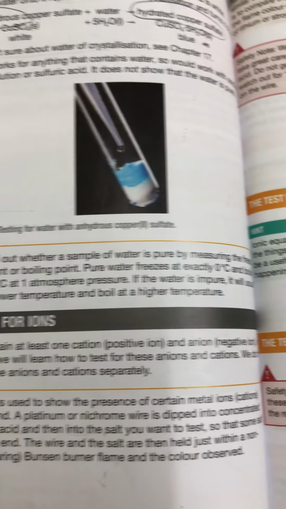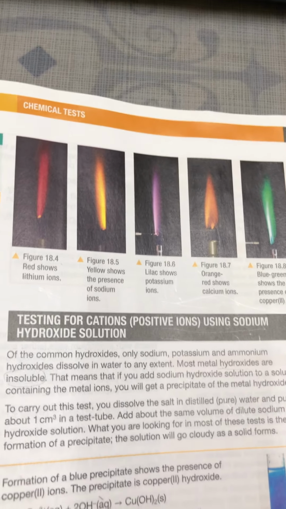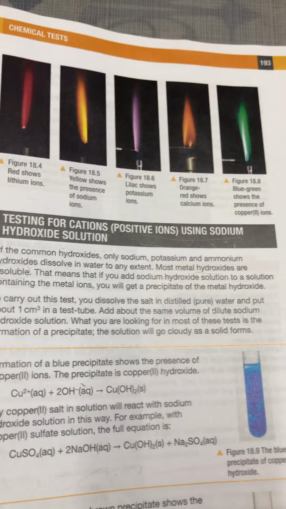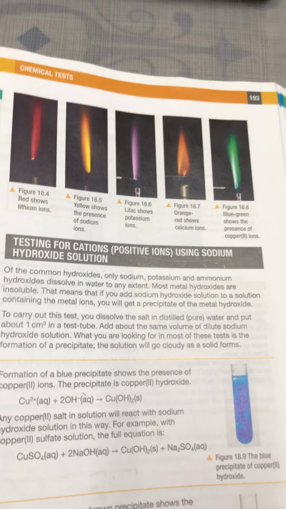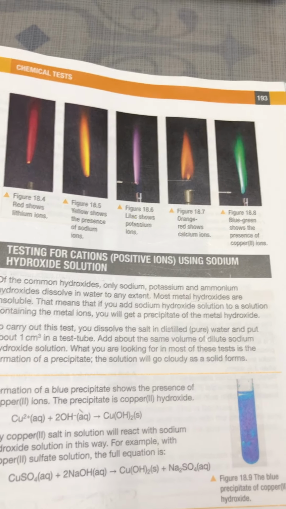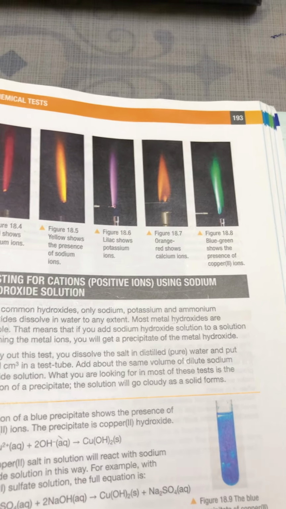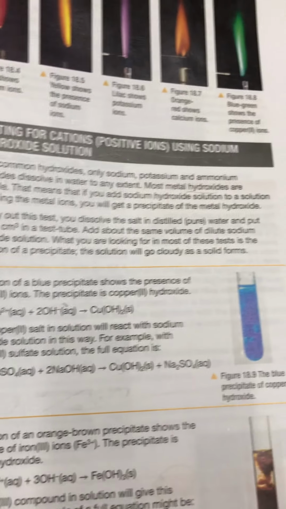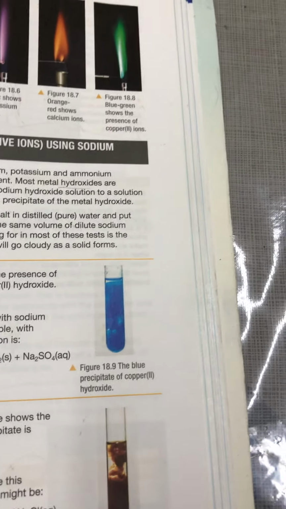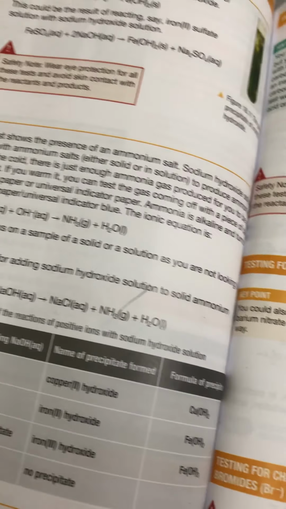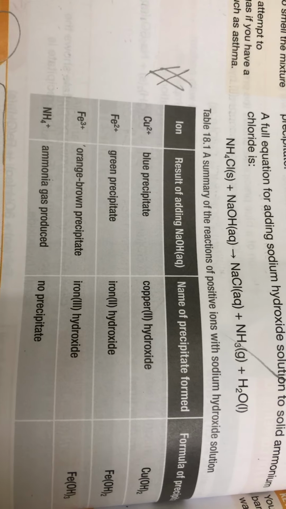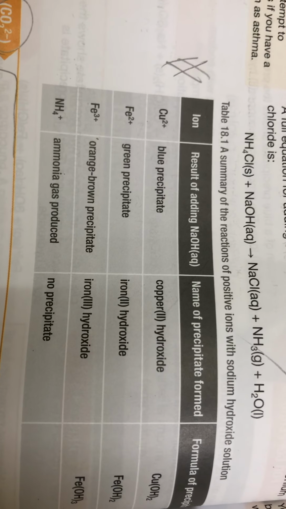And we can test for positive ions. We have the flame test and using sodium hydroxide solution, because as you know, most hydroxide salts are insoluble except sodium, lithium and ammonium, as we took in the last chapter. We have different colors of precipitate, and I said this table on page 194, table 18.1, is a very important table.